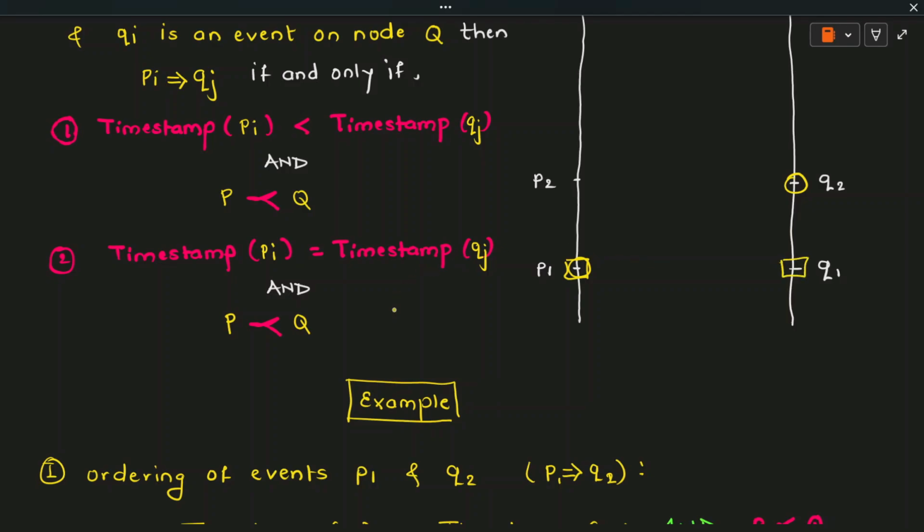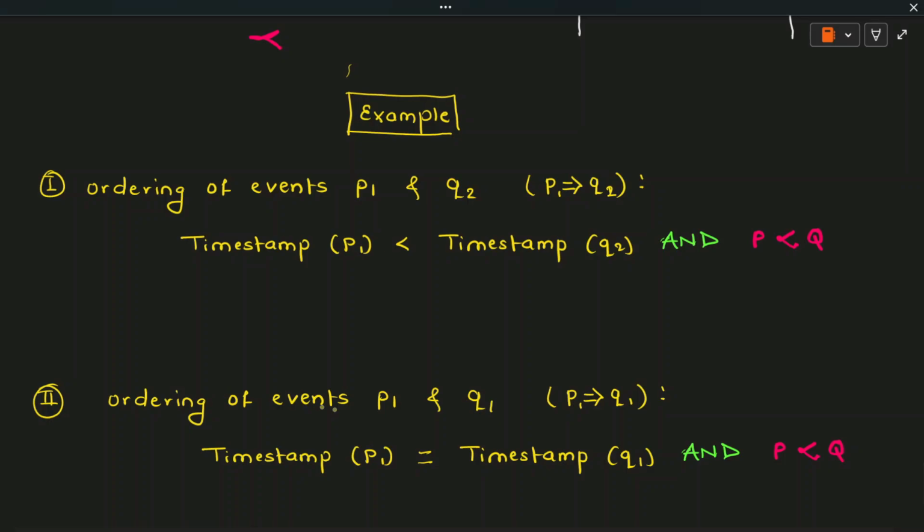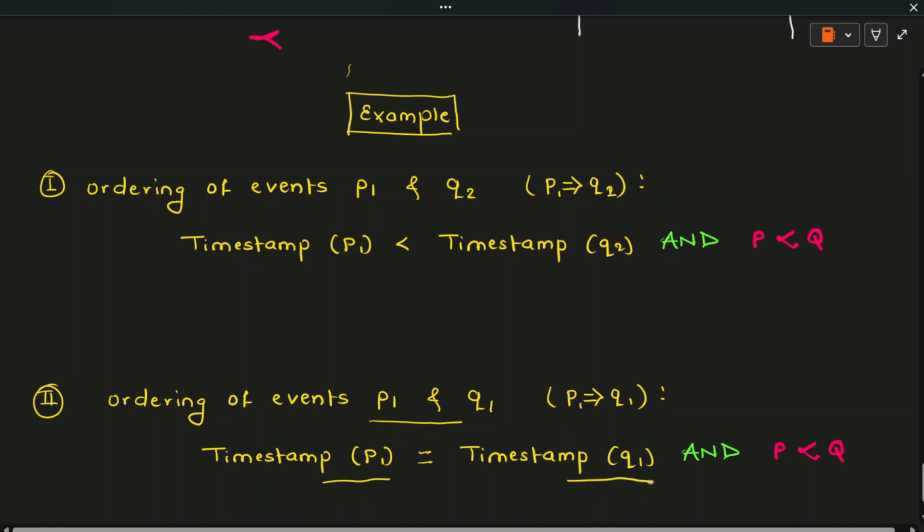So the second condition applies: if the events have the same timestamps and node P has priority over node Q, then we can do the ordering of these events. While ordering the events P1 and Q1, we know that the timestamp of P1 is equal to the timestamp of Q1 and the priority of process P is more than that of Q. So it is possible to order the events in this situation.